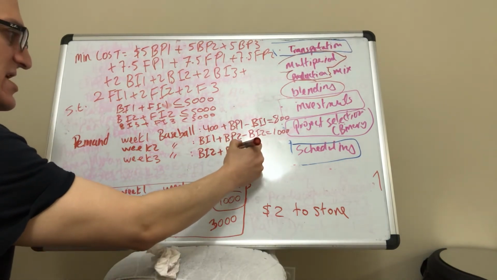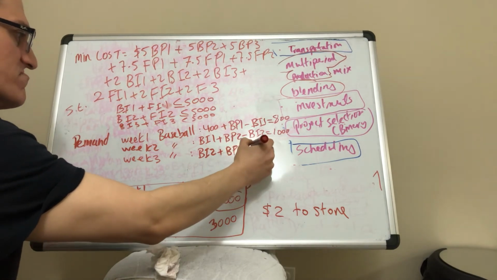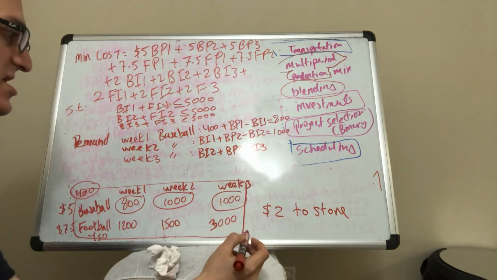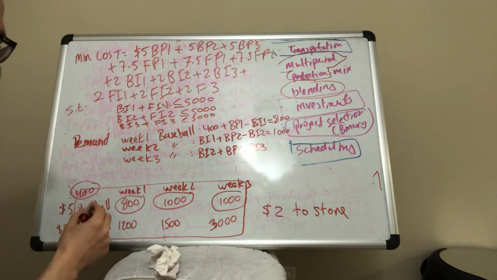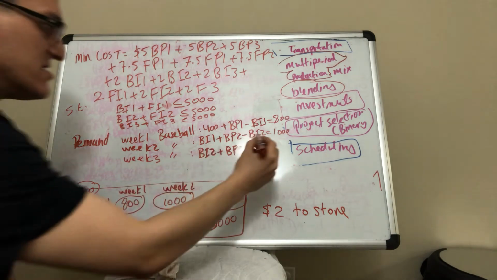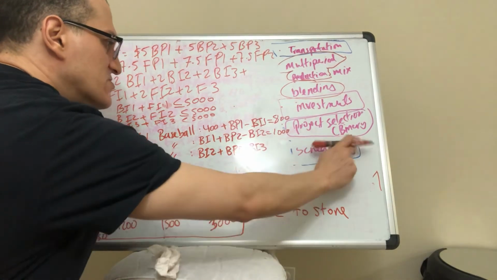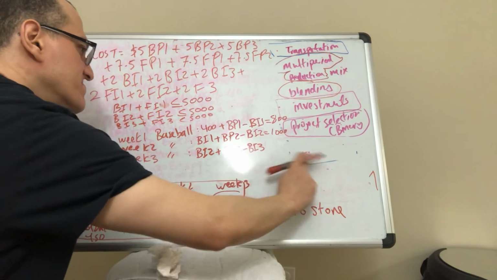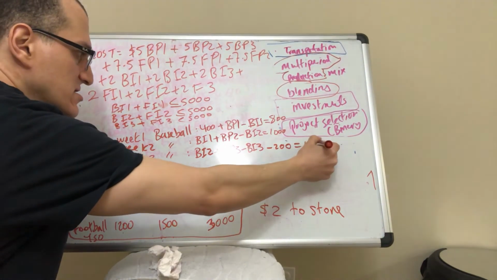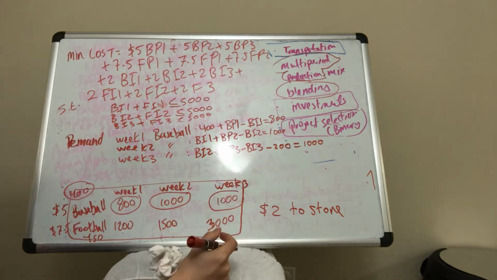You can add production minus store some of what you did. And they tell you you gotta have 200 at the end. So minus 200, and that should meet the demand of week 3.